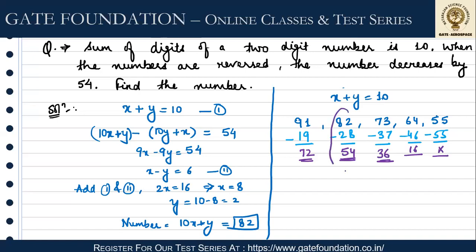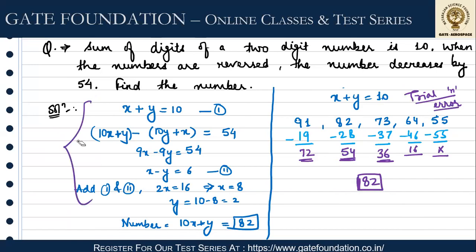This happens only with this answer. Your correct answer is going to be 82. This is just a trial and error method. So if you're confident with this method, and the other will take a lot of time, you can simply adopt the trial and error method and obtain the answer.